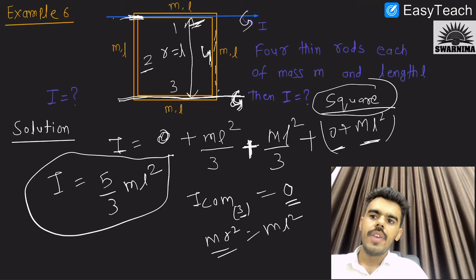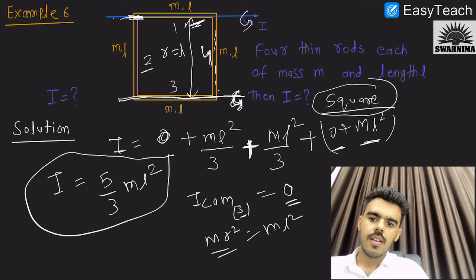So we have to apply the parallel axis theorem, and the parallel axis theorem says that if two axes are given and one is passing through the center of mass, and about the other axis the moment of inertia is asked, then the moment of inertia becomes I center of mass plus ml square.